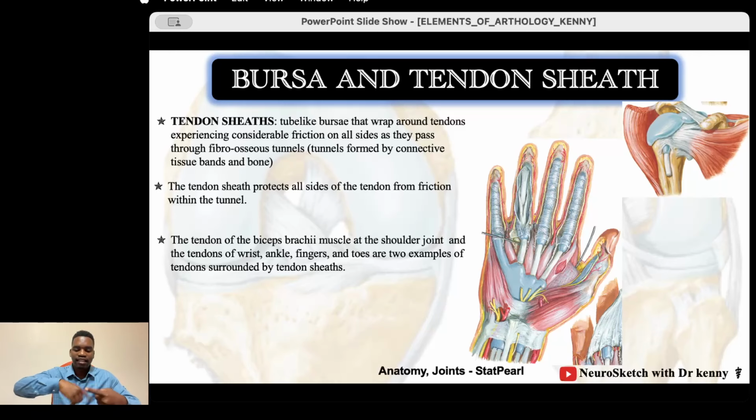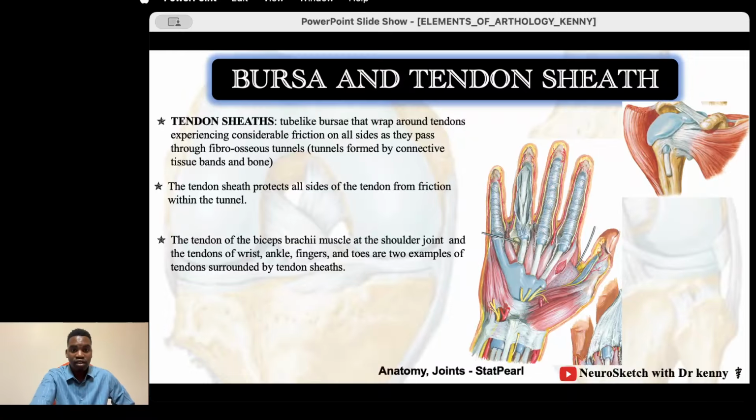It covers the tendons on either side to reduce friction, the same way the bursa behaves. So it protects all sides of the tendon from friction within the tunnel.